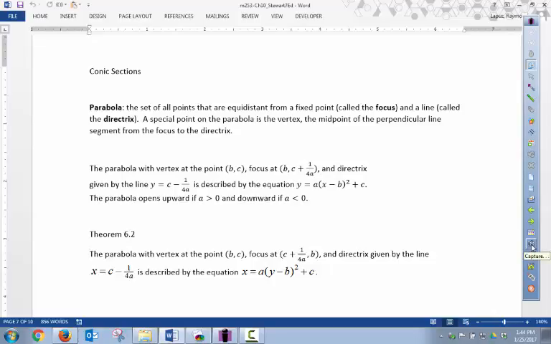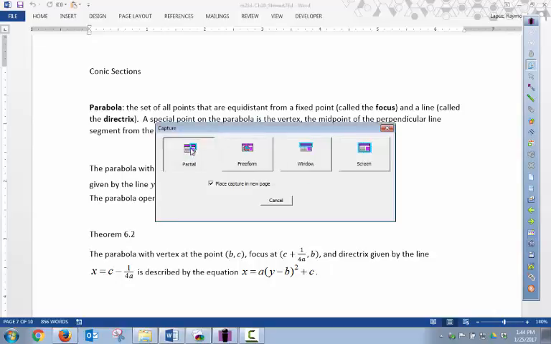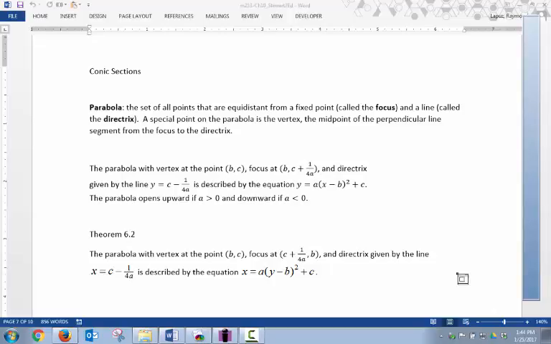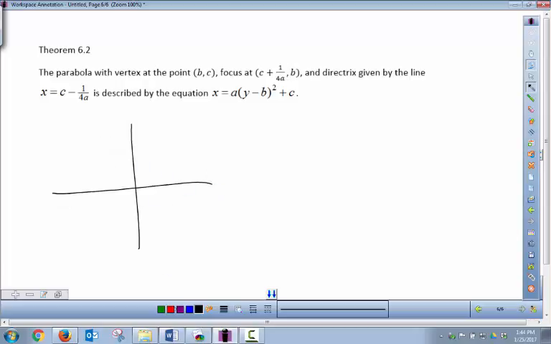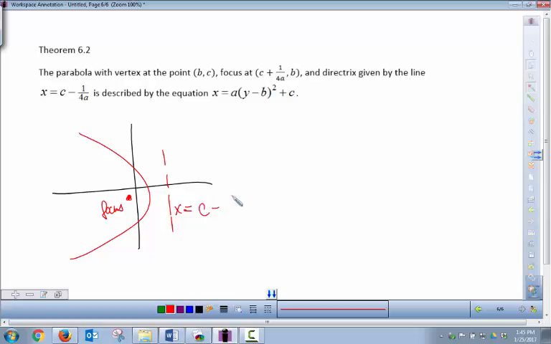So in the book they call it a theorem. I don't think it's worth a theorem, but if we look at the orientation, the equation is x is equal to something with a y squared.